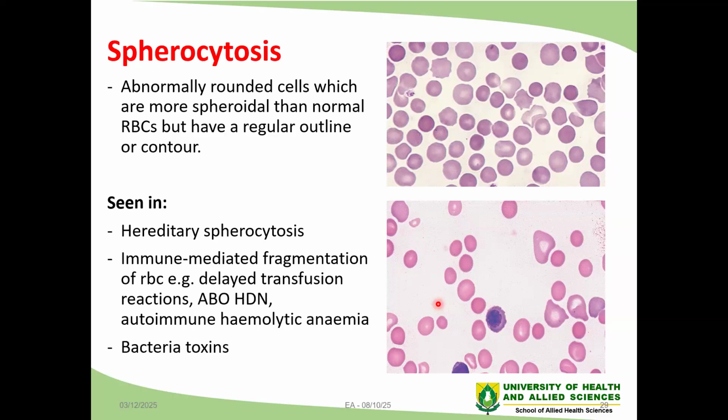So the exact mechanism by which some of these spherocytes are formed is, I would say, not known thoroughly. But one of it is that when you have an antibody or a protein on the surface of the red cell, which the immune system considers to be foreign, there's an attempt by the macrophages to try and engulf some of these cells.